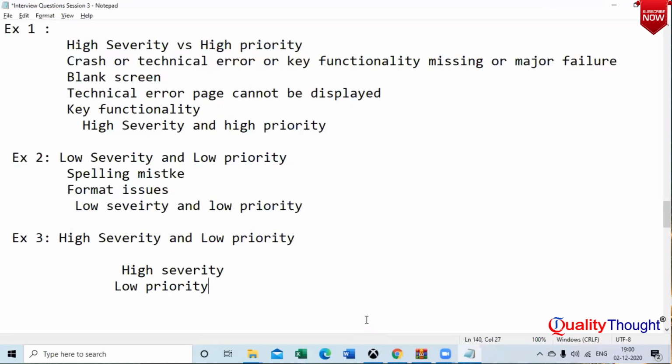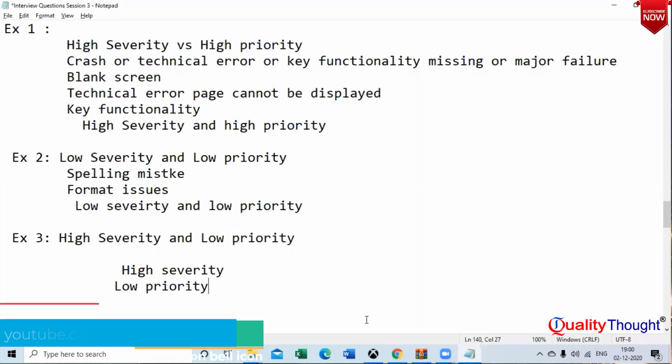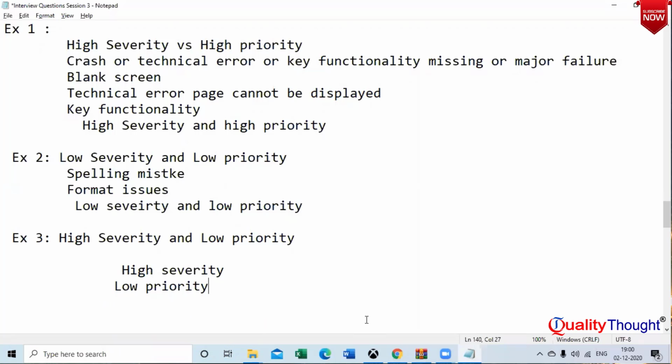So these kind of defects are called high severity defects and low priority defects. So let's say any logo mismatch, any brand name issue, or any branding issue. Or for example, you are trying to buy a land, or you are trying to sell a land, or your father is giving you a property.